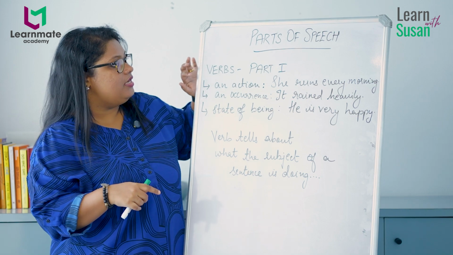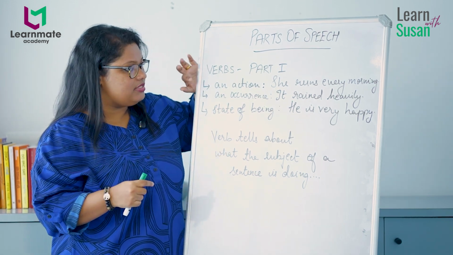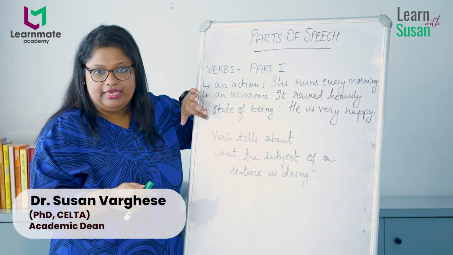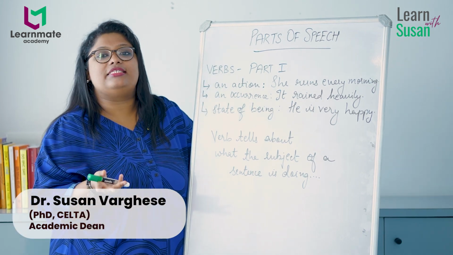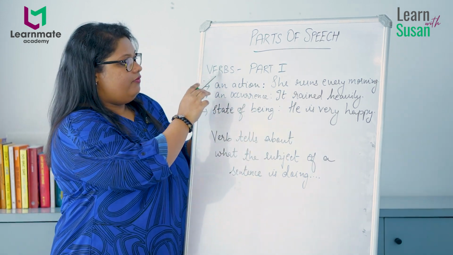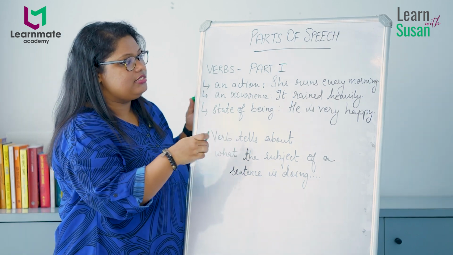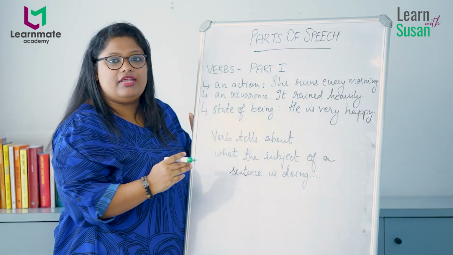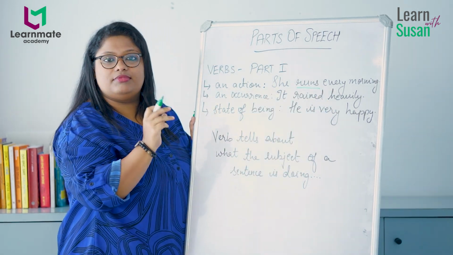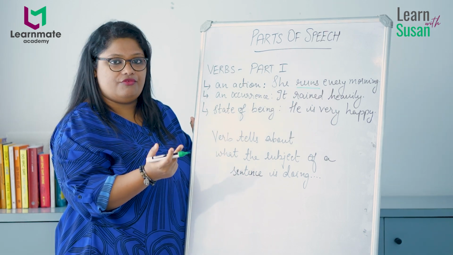Verbs are words that express 3 things: an action, an occurrence, and a state of being. To make your understanding easier, I have provided examples for each. Verbs express an action. In the first sentence, she runs every morning, the word runs becomes the verb as it expresses an action of running.